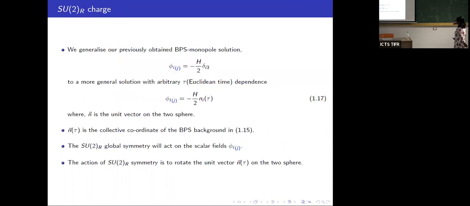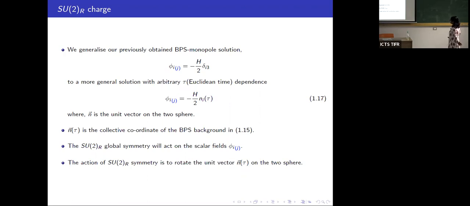So for that, first we generalize our solution for the scalar, which we chose as delta I3, which means we chose a particular direction in the R symmetry space, which was 3.